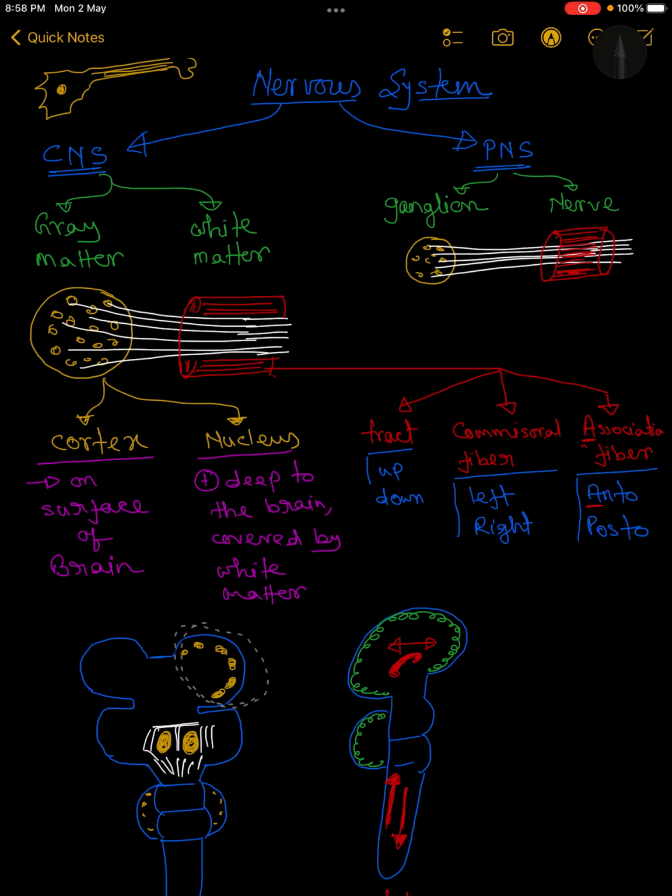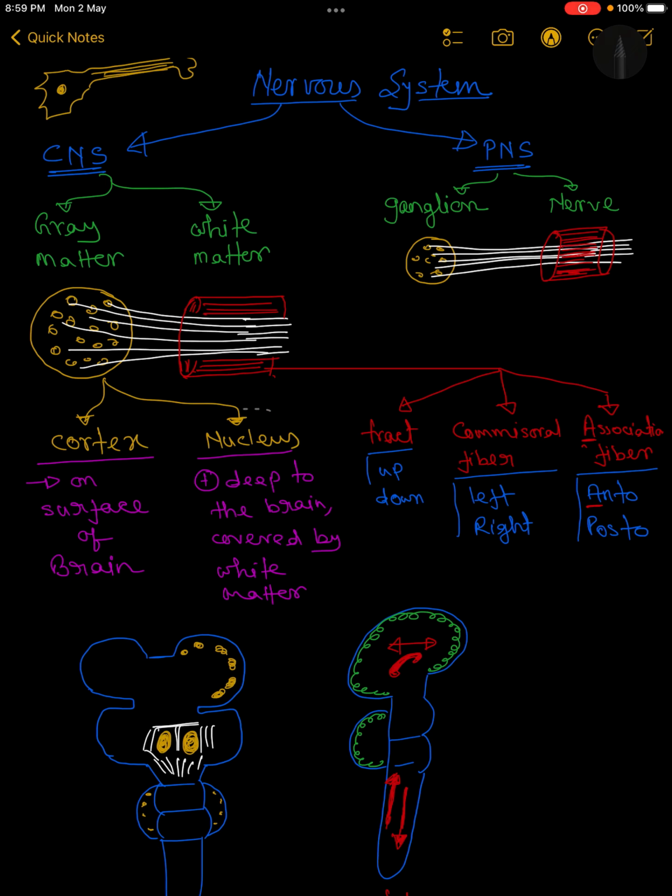You can see these yellow dots are located peripherally at the cortex. So normally when we say cerebral cortex or cerebellar cortex, it is defined as the collection of cell bodies of the cerebrum or cerebellum at the periphery, at the surface of that particular part.